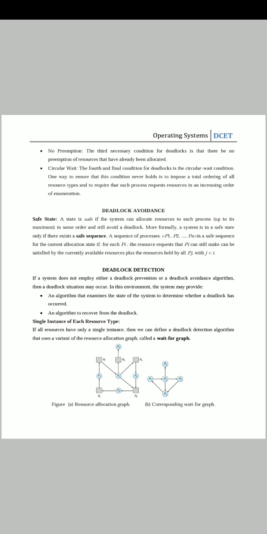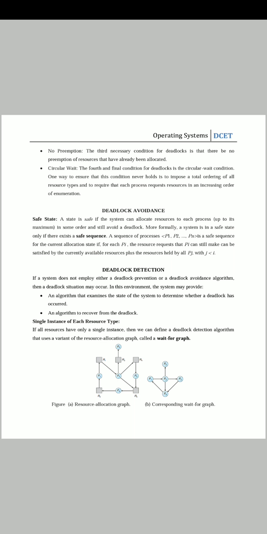In this example, I have the edge from P1 to R1, and from R1 to P2. P1 to R1 is a request edge, and R1 to P2 is an assignment edge. I remove the R1 resource and directly make the edge from P1 to P2 in the wait-for graph.